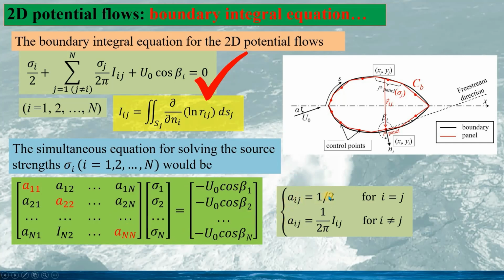Here Aij equals half when i equals j, and Aij equals 1 over 2 pi times capital Iij if i is not equal to j. If we calculate all these coefficients and the angle beta i, then we can solve this simultaneous equation easily. Now the most important thing is how we can calculate capital Iij.